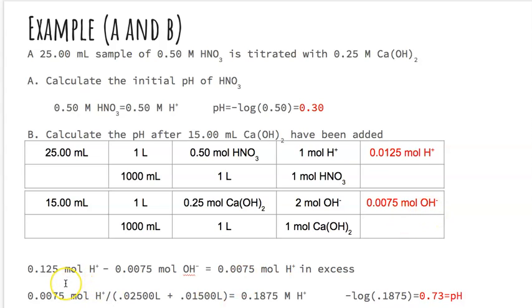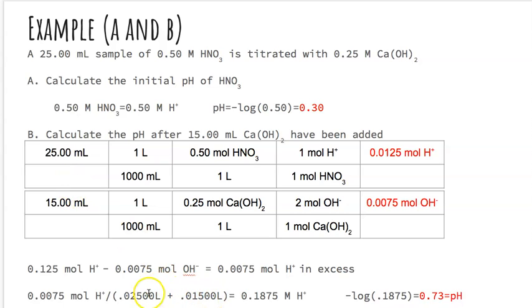So then I just say, okay, which one do I have more of and how much more? 0.0125 moles of H+ minus 0.0075 moles of OH-. I have an extra 0.005 moles of H+. Those moles are in 25 milliliters combined with 15 milliliters because we took those two solutions and put them together.